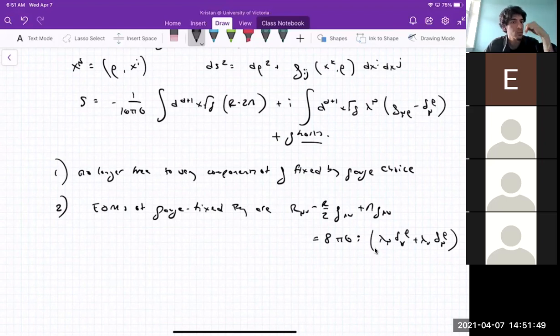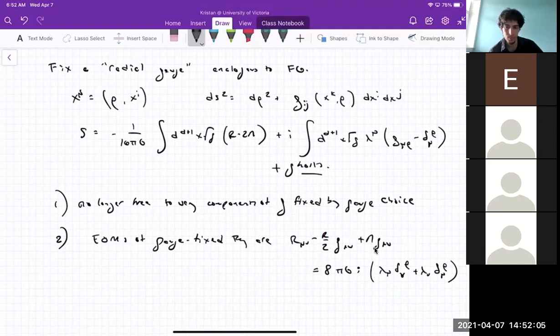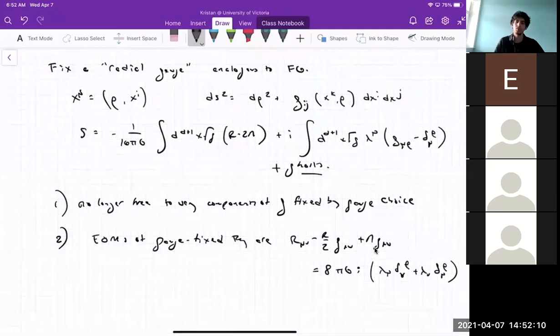I should also say that I invoked this method of constrained instantons before. One can revisit the old papers on the method of constrained instantons and it looks like, this is work in progress, but it looks like those old papers can be understood in exactly this kind of language that I'm describing here, where you don't have an exact instanton, but you have a solution that is supported by the gauge fixing apparatus.